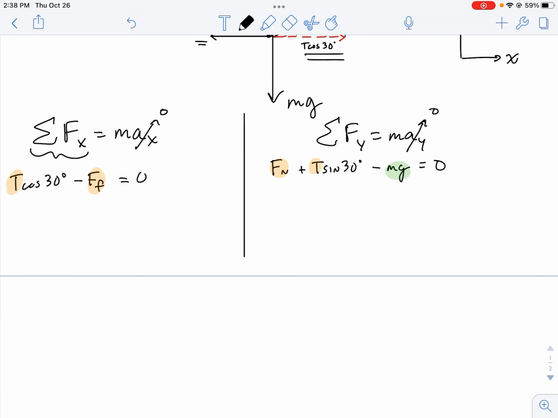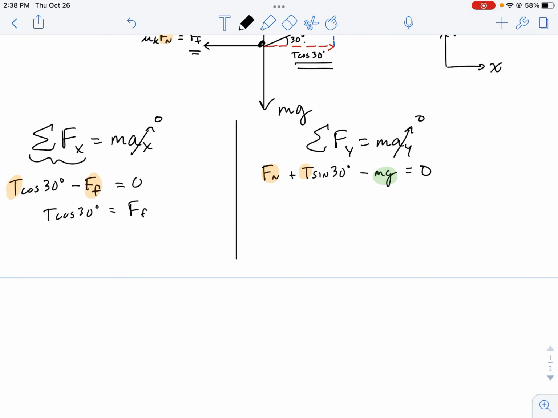The equation on the left, let's rearrange. T cosine 30 equals Ff. Then we'll divide each side by cosine 30, and get T equals Ff divided by cosine 30. And we can replace Ff with mu sub k Fn, because Ff is equal to mu sub k Fn.